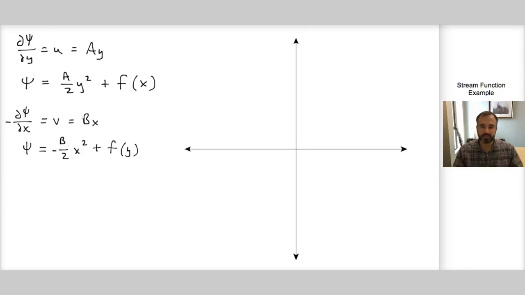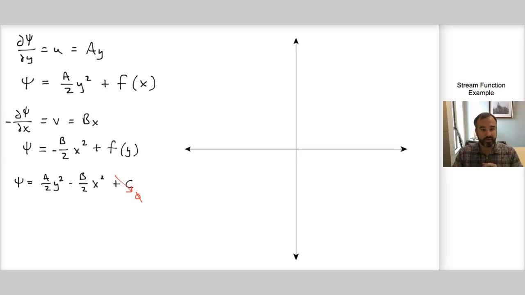We can combine these two to get our functional form of psi. So we get psi is equal to a over 2 y squared minus b over 2 x squared plus some arbitrary constant that we don't need to worry about. In fact, let's go ahead for this particular problem and set that equal to 0. Okay, so this is our functional form of our equation.